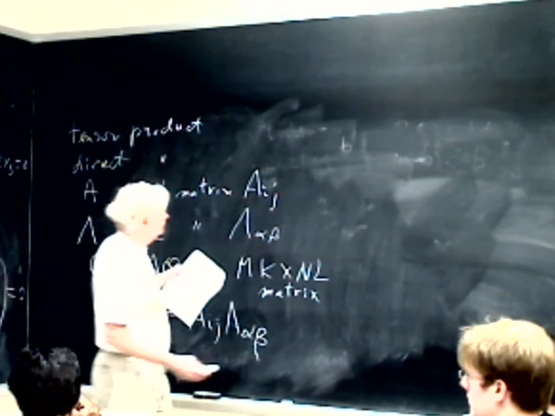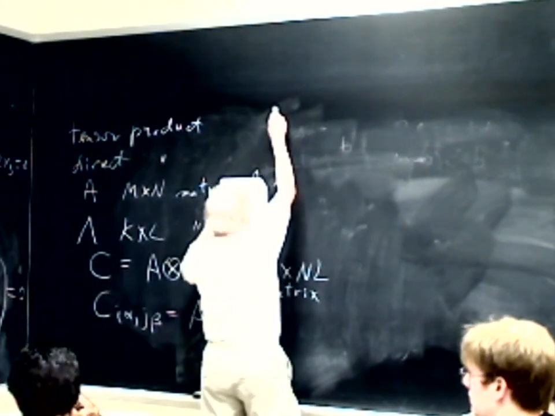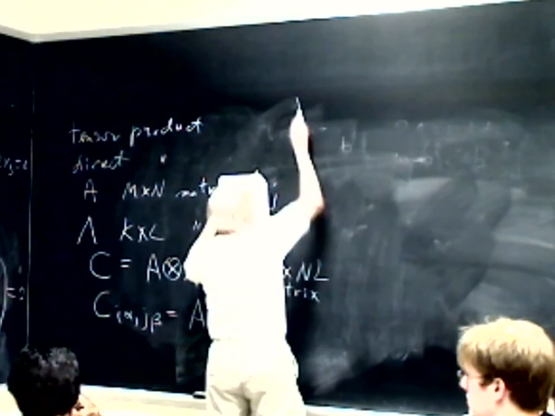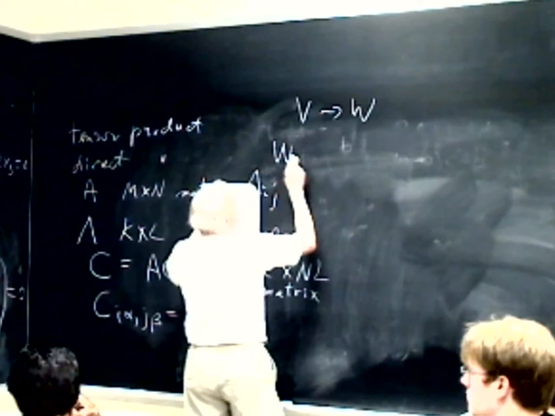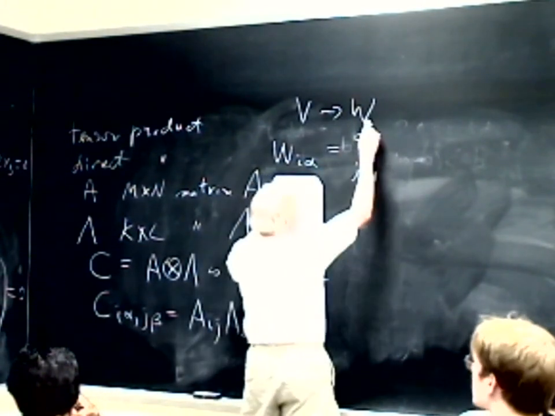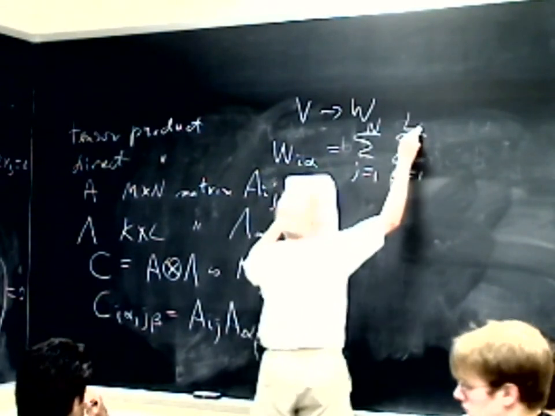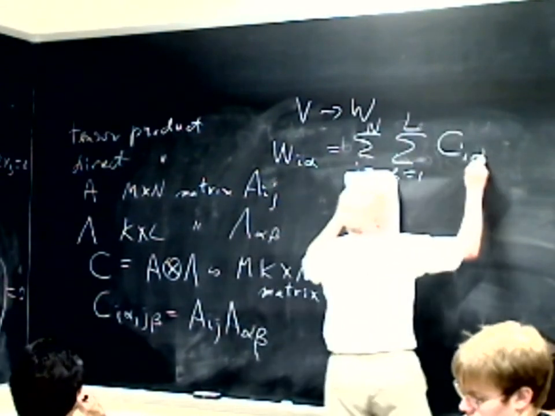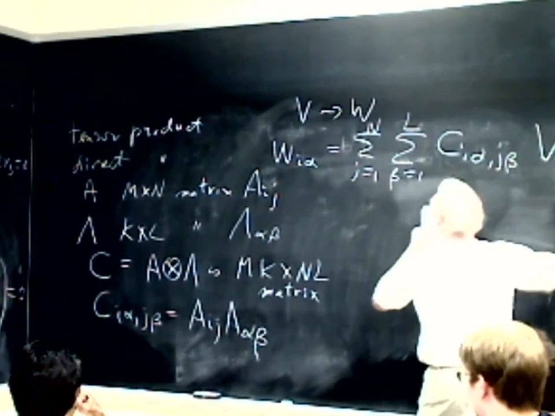Well, it would map a vector V into a vector W, where W_{iα} will be a sum j equals 1 to n, sum β equals 1 to L, C_{iα,jβ} V_{jβ}.